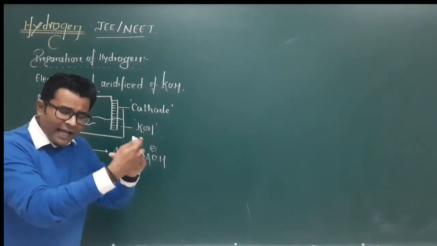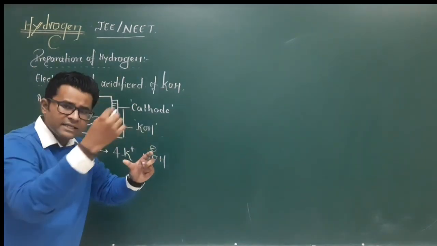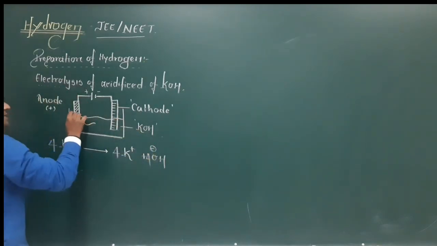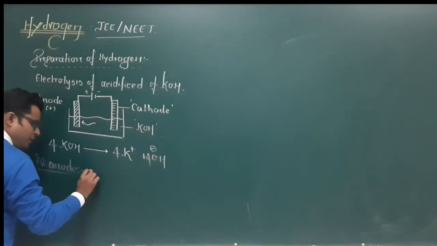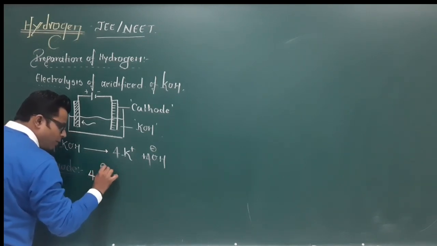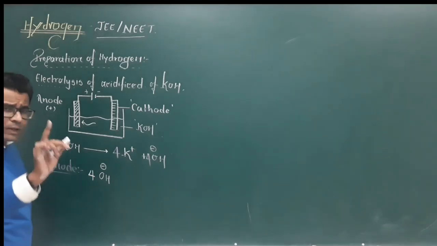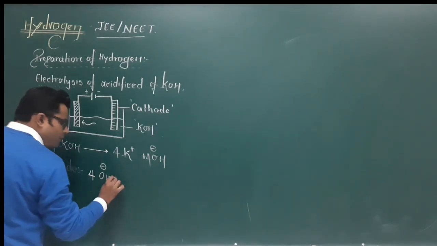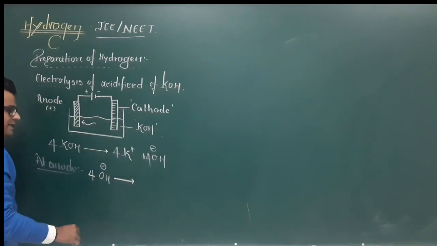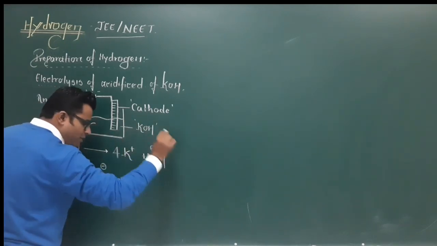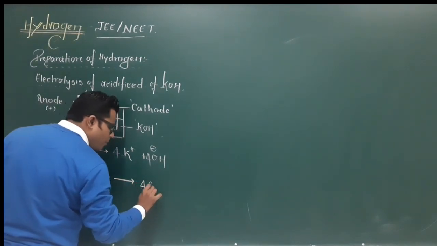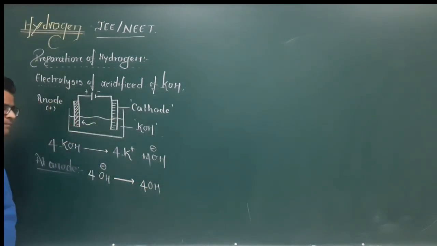As they reach the anode, they transfer their extra electron to it. If I take 4 OH minus, the minus means there is 1 extra electron. So once it comes near the anode, these electrons are supplied to the anode and it becomes 4 OH plus 4 electrons.